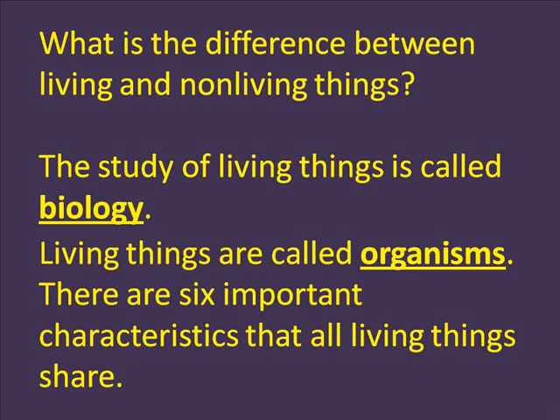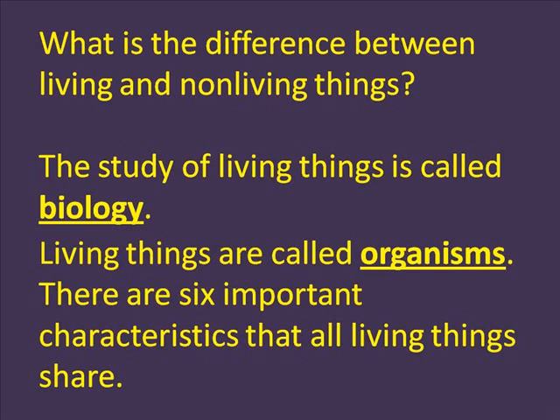So, to be considered a living organism, there are 6 important characteristics that you have to have, and we will look at these and the examples of them on the following slides. Now, there is one very important point I do need to make about living things versus non-living things.